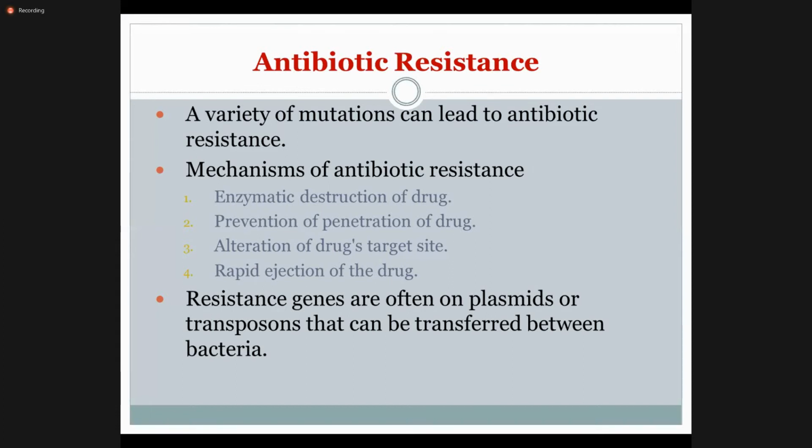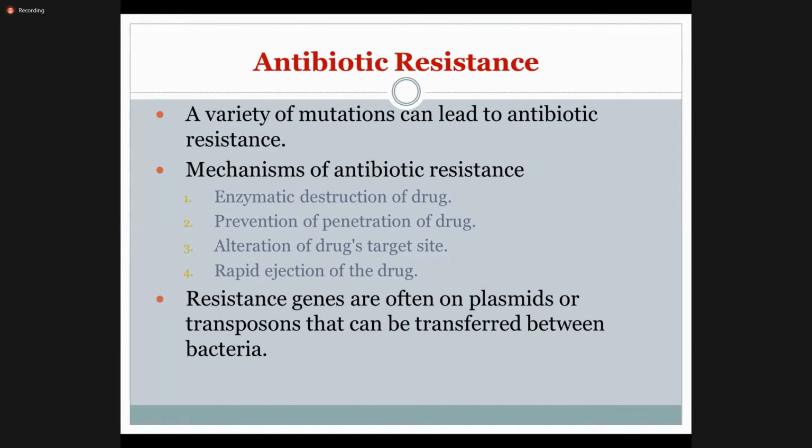If we think just like human beings, if we have a problem, we think, how can we overcome this problem, how am I going to show some response, some activity, how am I going to modify myself, just like that. This is another world of microorganisms. They can also think. So one of the mechanisms is that they start producing enzymes which are responsible for destroying the structure of the antibiotic. So this is called enzymatic destruction of the drug, right?